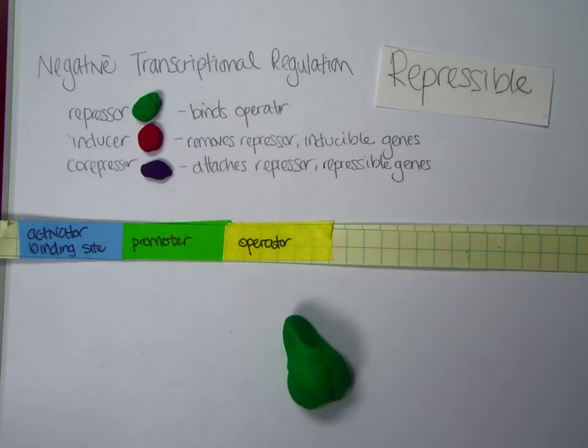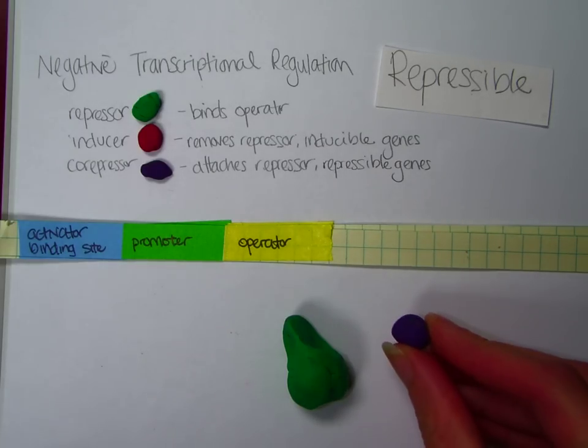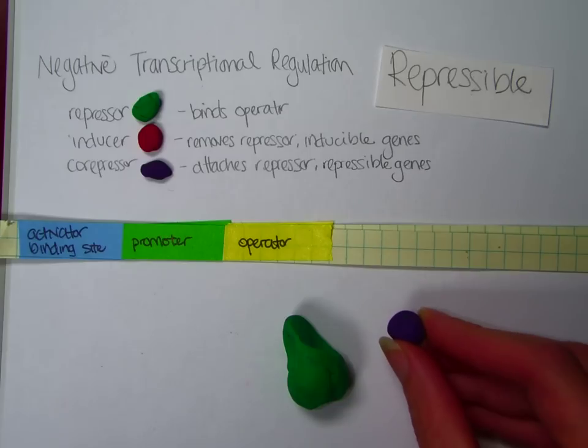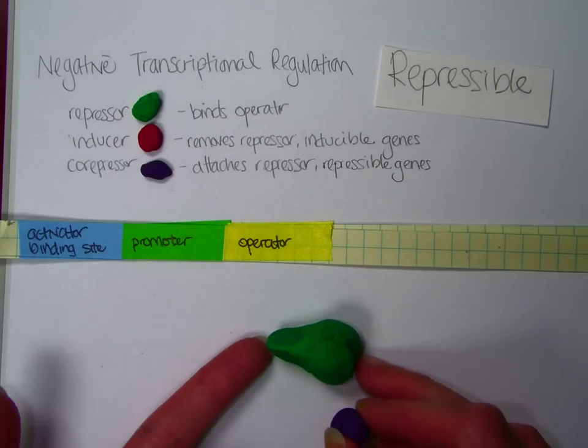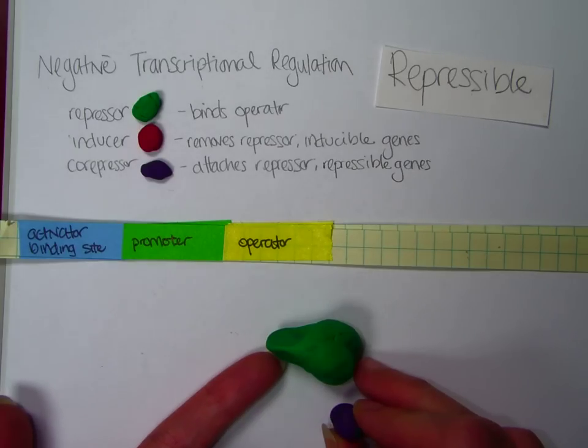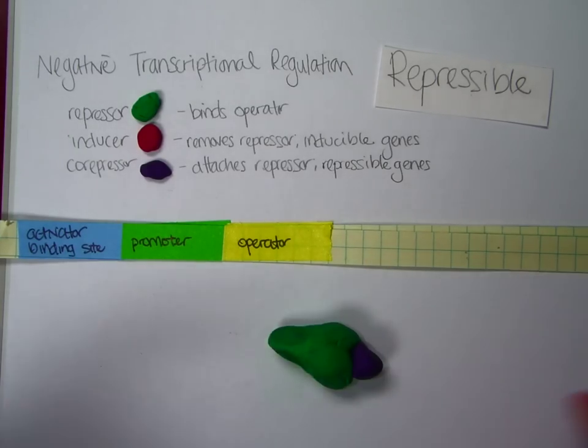When we have enough of this product, then the product or some, again, related compound is going to come in and act as the co-repressor. The co-repressor is going to find the weirdly shaped and inactive repressor in the cytoplasm and bind to it. The co-repressor is also an effector molecule.